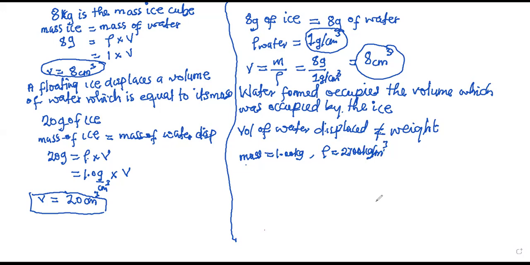This is suspended from a string and then completely immersed in a container of water. Calculate the tension in the string A, before the metal is immersed, and B, after the metal is immersed. So we are looking for before and after. Take acceleration due to gravity to be 10.